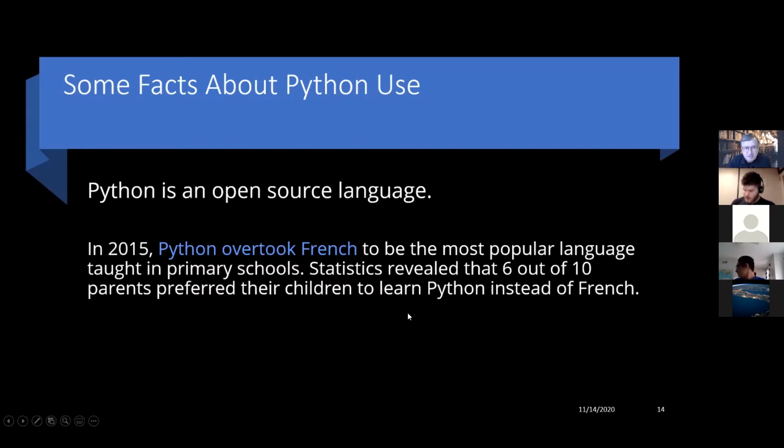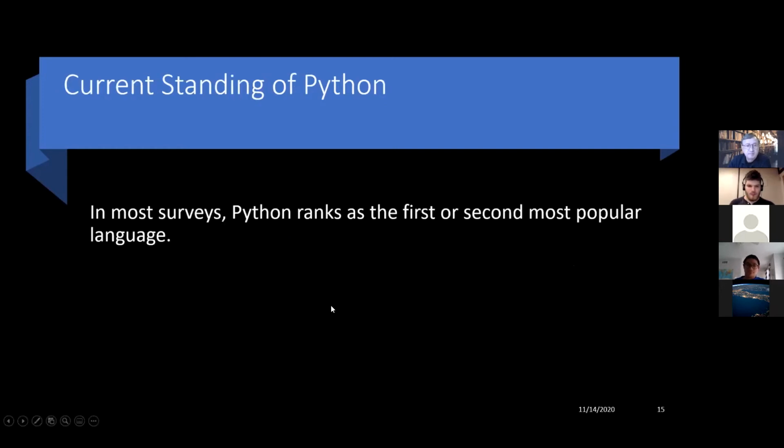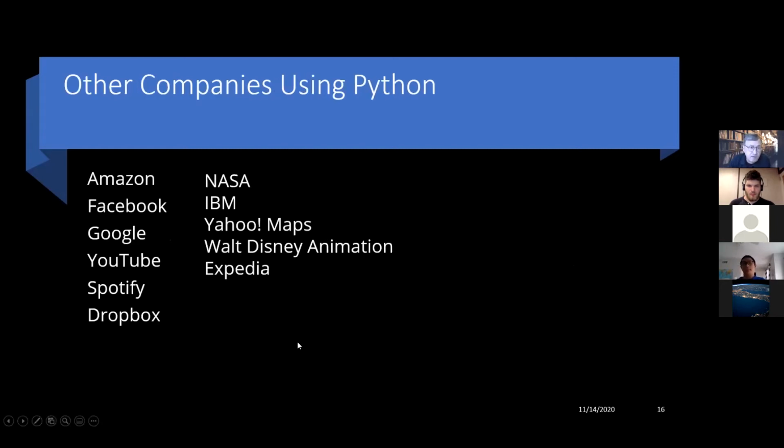So it's a pretty standardized language there in the school system, and also in Britain, I know. I already mentioned that Python ranks as the first or second most popular language. If you look at most rankings, it's going to be up there as first or second. Python is used all over, but just to mention some companies: Amazon, Facebook, Google, and so on, are companies that use Python.